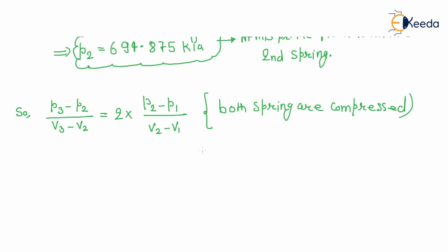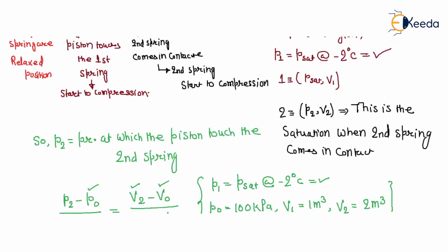So from this you have P2, you have P1, you have V2, you have V1, you have P2, you have V2, and you have P3. P3 is 1200 kilopascal. See, 1200 kilopascal.